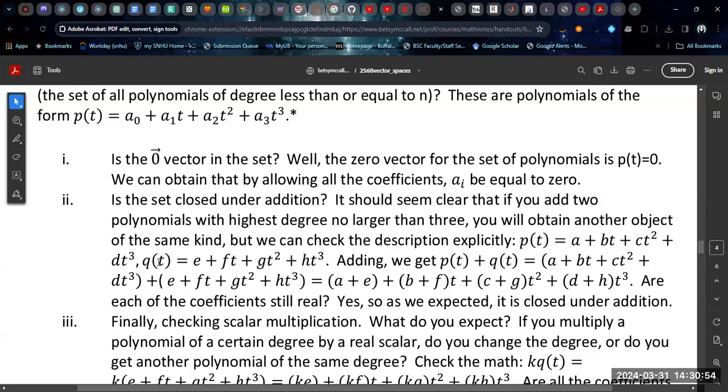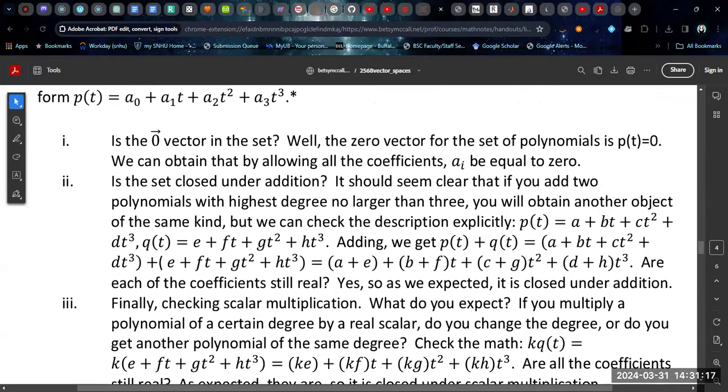And my second example, e plus ft plus gt squared plus ht cubed. And if I add them together, then I add the constants, a plus e, that's still real, b plus f times t, that's still real, c plus g times t squared, that's still real, d plus h times t cubed, that's still real. So it is closed under addition.